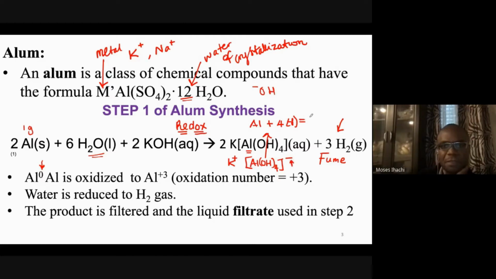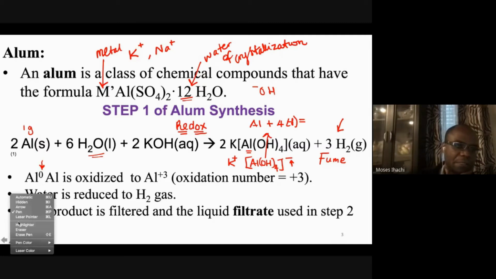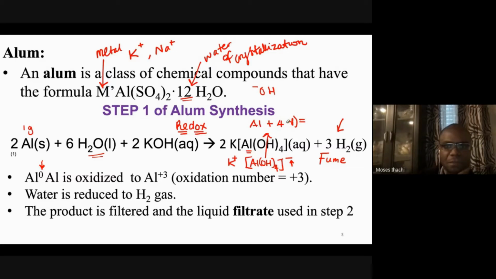If I sum up the oxidation number of aluminum and the charges from the 4 OHs, I should get a charge of -1. Let me clean up here to be very clear. So we have 4 OHs, so it's 4 times -1. Overall, this part has a charge of -1, so Al is equal to -1 plus 4, because this is -4 to the left, going to the right will be +4. Al has a charge of +3.